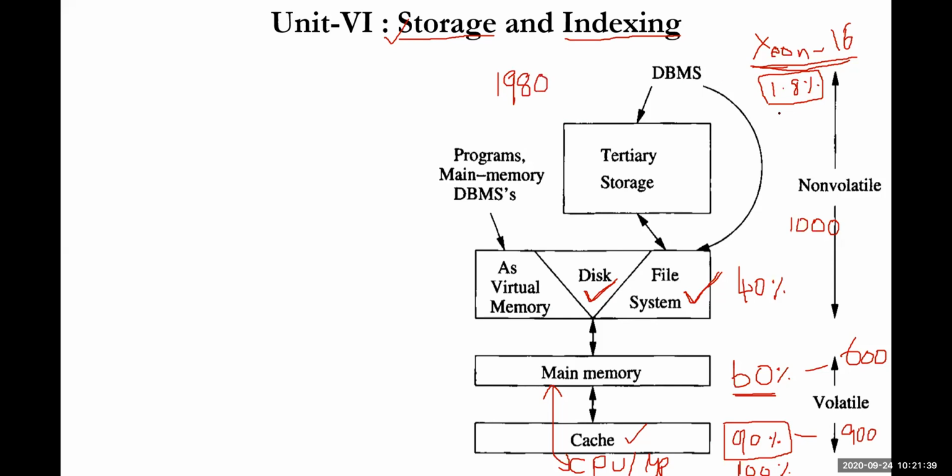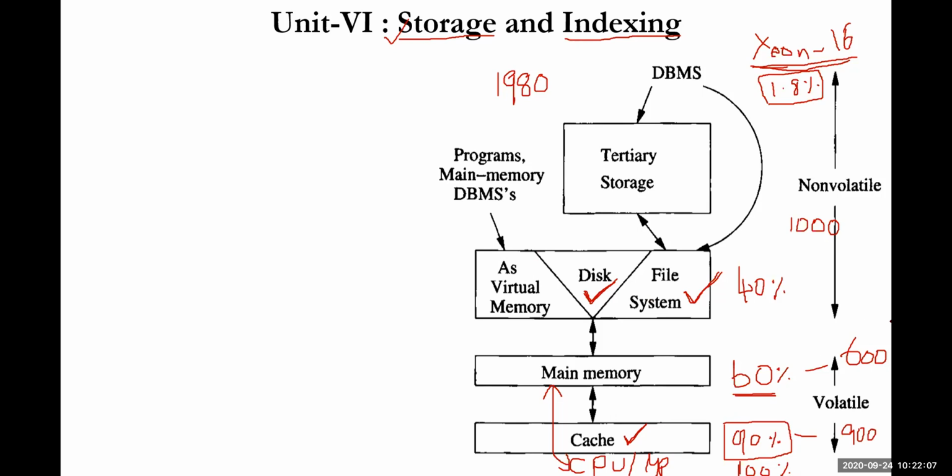Nowadays, 98.2% of data or instructions are passed to the microprocessor for execution by the cache memory. It immediately fetches the data from main memory, and main memory immediately fetches the data from the file system or disk for supplying to the microprocessor for its execution.